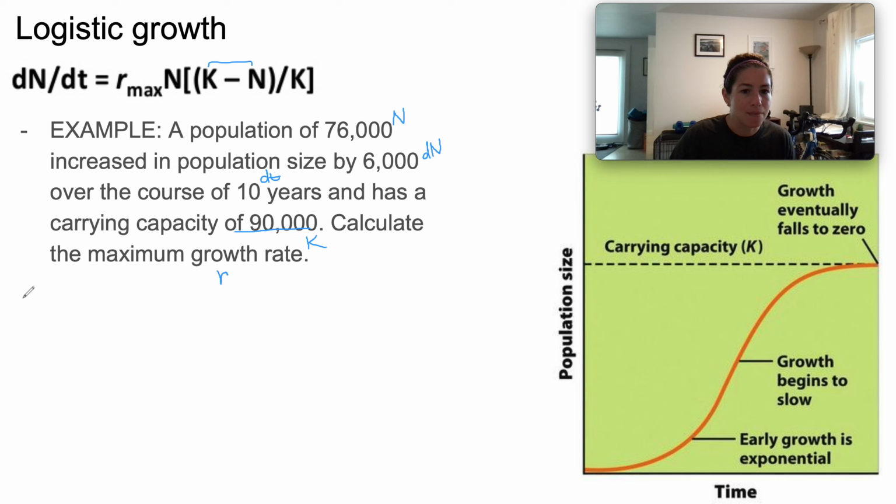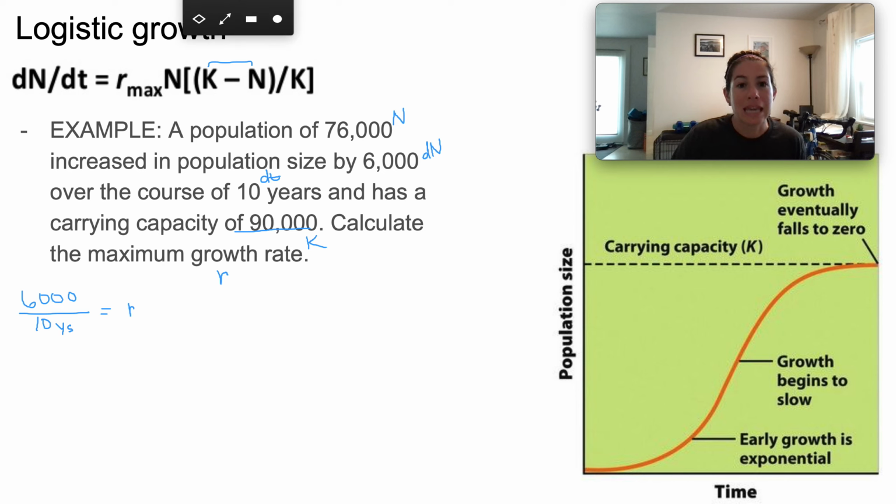So dN is 6,000 over our change in time, which is 10 years, is equal to R times N, which is 6,000. Oh, I'm sorry. It's not 6,000, it's 76,000.